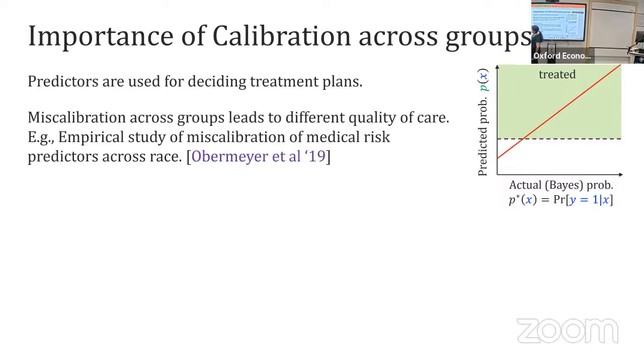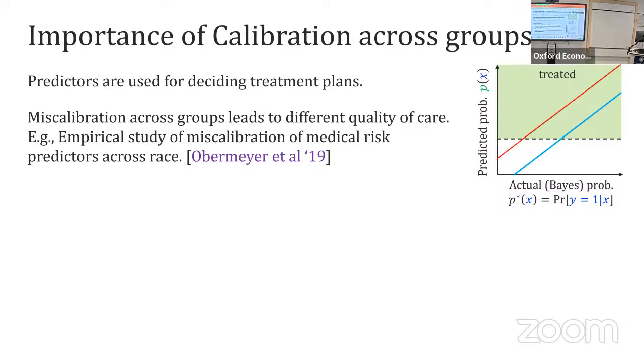Now, there is actual empirical evidence that not only are the predictors we're using in practice uncalibrated, but they're miscalibrated across different groups of people. For example, the Obermeyer study, in Science, I believe, 2019, showed that when you look at US hospital data, the risk predictors being used are miscalibrated, and miscalibrated differently across different populations. Let's say I have two populations, the blue population and the red population, and neither is calibrated.